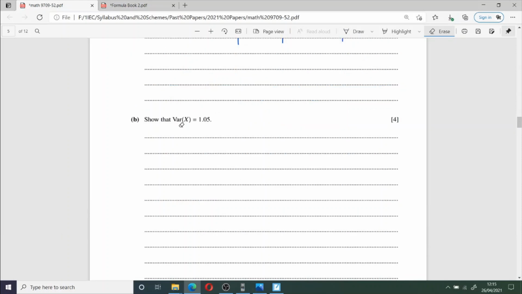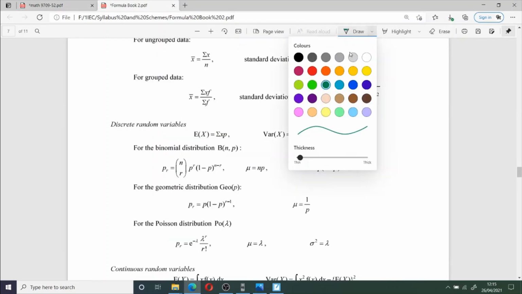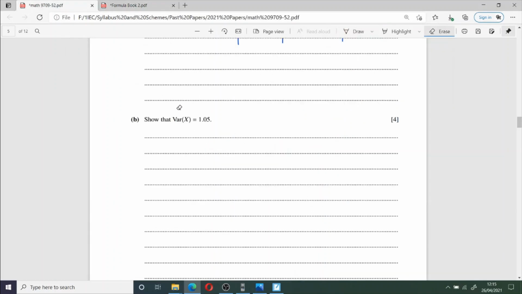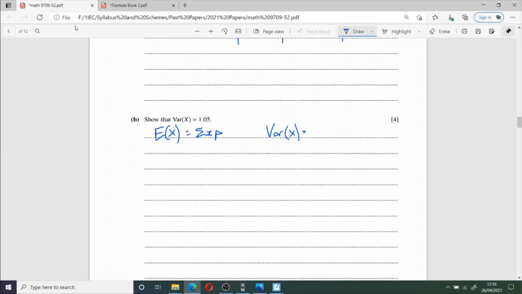Okay, so now we need to show that the variance of x is 1.05. Let's grab the couple of formulas that are going to be useful to us, and they are these two here. The expectation is the sum of xp, and the variance is equal to the sum of x squared p minus the expectation squared.